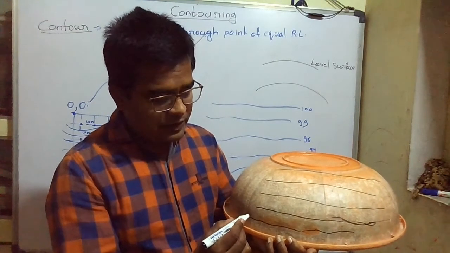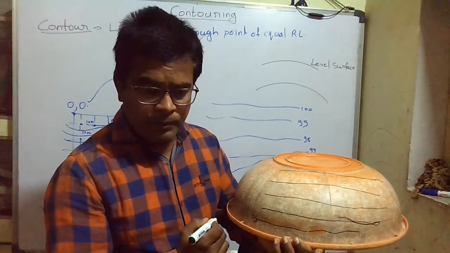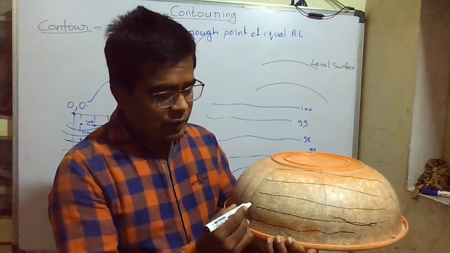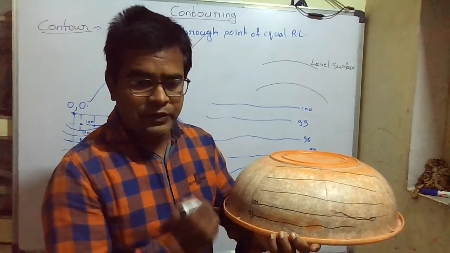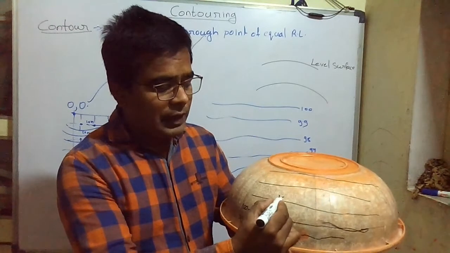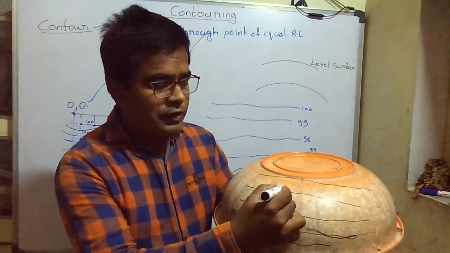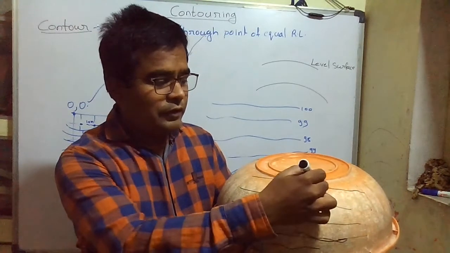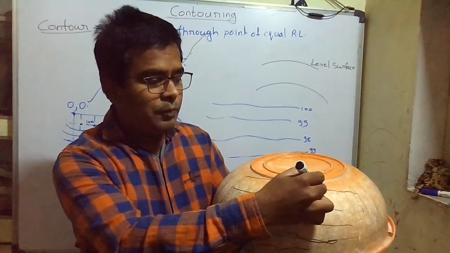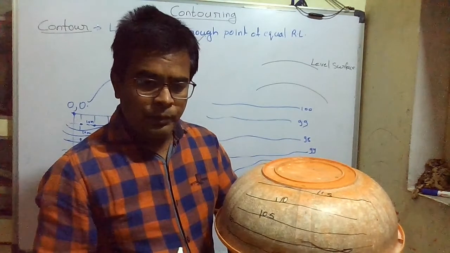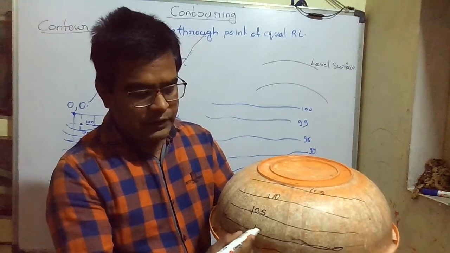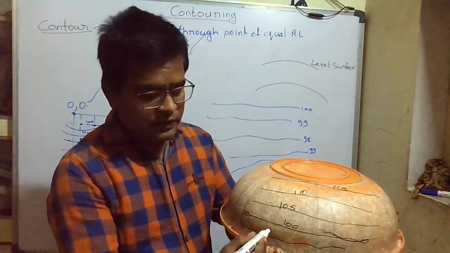This represents, suppose, 95. If this is the contour passing through RL 100, then it is 100. If this is a contour line passing through RL 105, then this is 105. If this is 110 and this is suppose 115. This is 100, this is suppose 90.